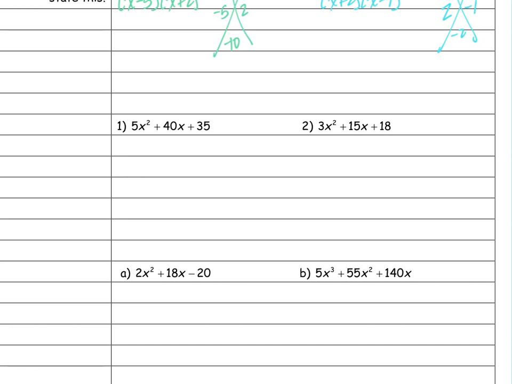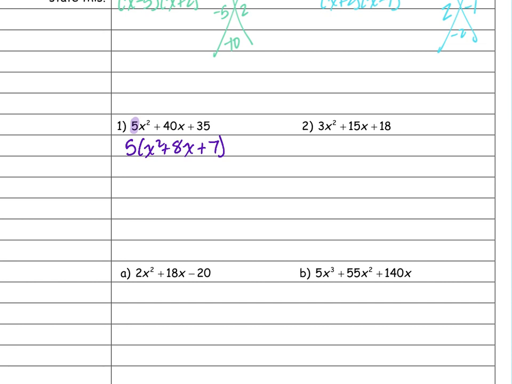So if I look at my coefficient there is 5, and 5 does go into 40 and 35, so that means I can factor a 5 out of that. So I can first go 5 times x squared plus 8x plus 7. Okay, there we go. So I factored a 5 out of everything.